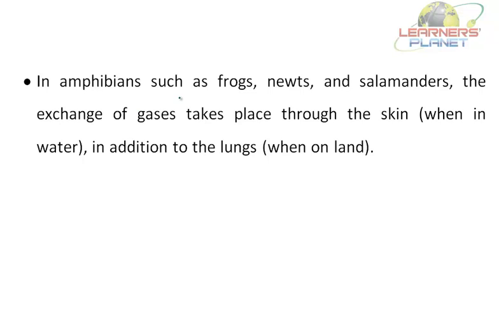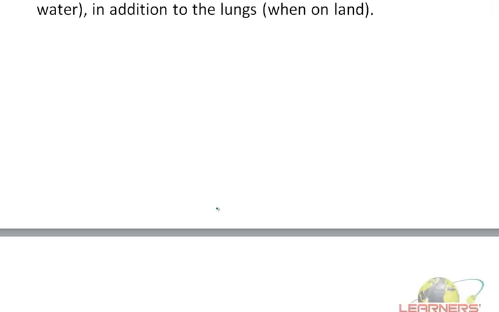Yes, in amphibians such as frogs, newts and salamanders, the exchange of gases takes place through the skin when they are in water, and in addition to the lungs when they are on land. So this is one amazing thing about amphibians.